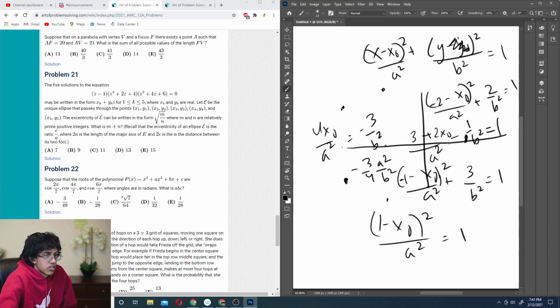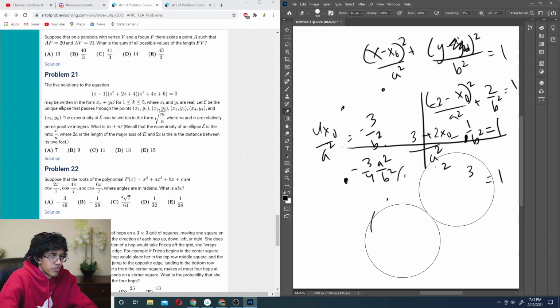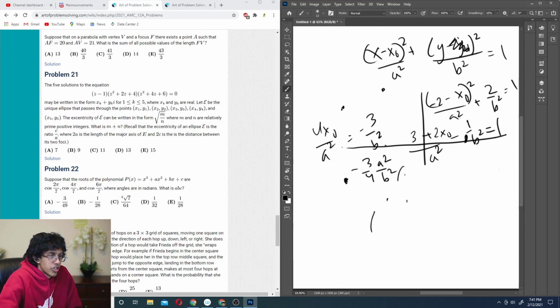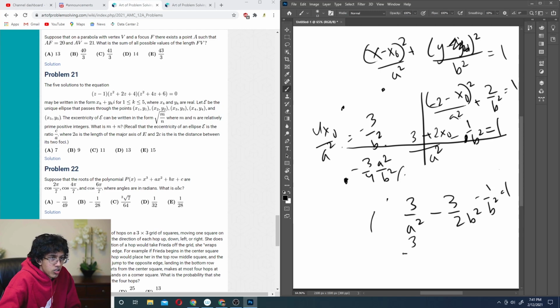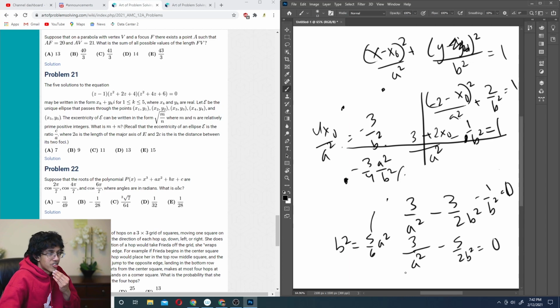And essentially x0 is equal to negative 3/4, so then you get 3 over a squared minus 3 over 2b squared minus 1 over b squared is equal to 1. So essentially that is equal to 0. Oh, nice. So essentially we get 3 over a squared minus 5 halves over b squared is equal to 0, which basically means that b squared is equal to 5/6 a squared. Hey, nice.